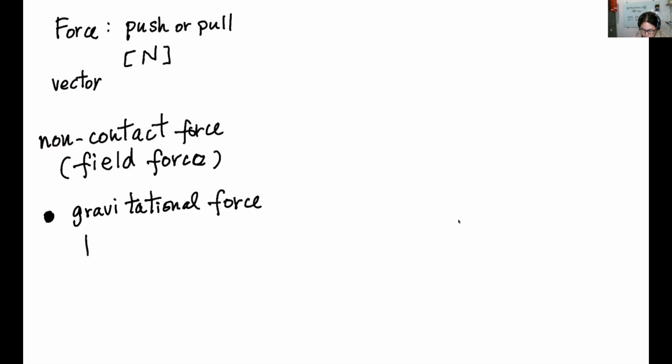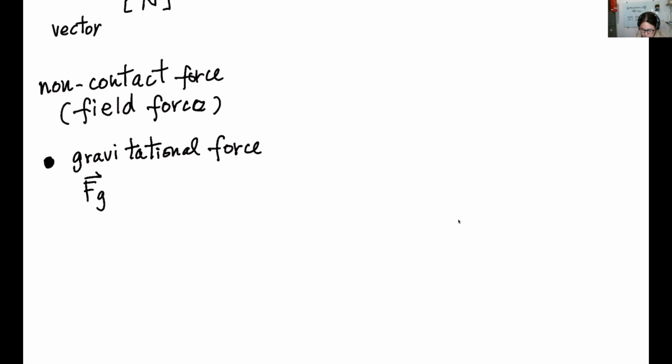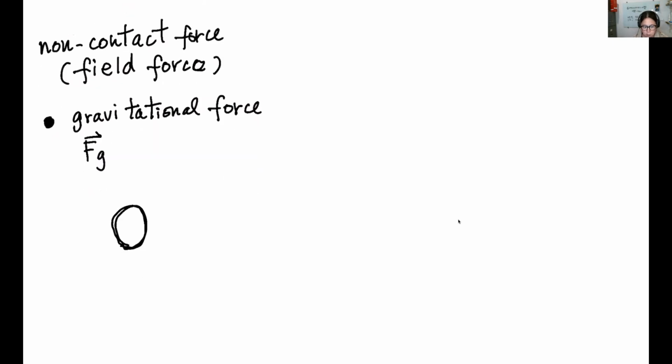Typically, I use a symbol for gravitational force like this, Fg, force of gravity. Let's say you have an object. You always draw a simple object like a circle, and then in the center, because force is not just only the magnitude. The gravitational force magnitude depends on the mass, the inertia, and the gravitational acceleration that we're going to talk about.